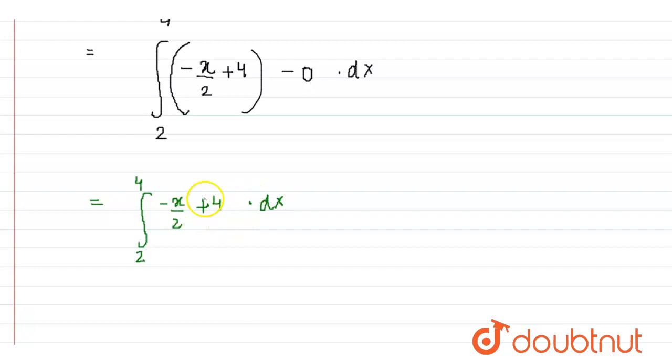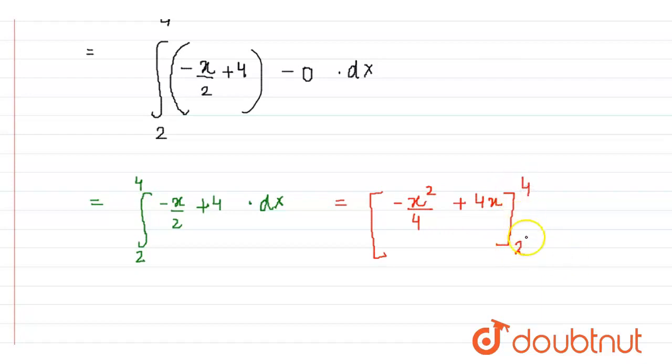Now we will do the integration of this particular thing. After integration, minus x becomes minus x square, and times 2 times 2, that's going to be 4, and plus 4 times dx becomes 4x. Now we have limits, so I will put down the limits as well, 2 and 4.